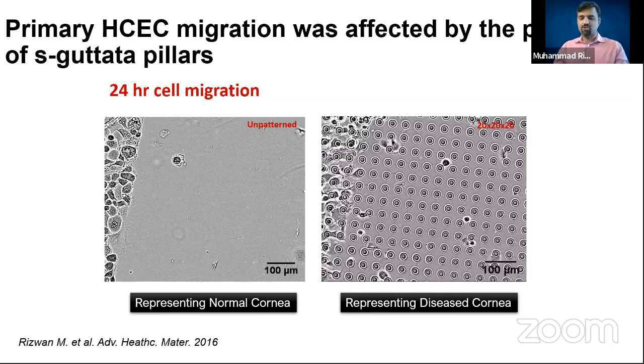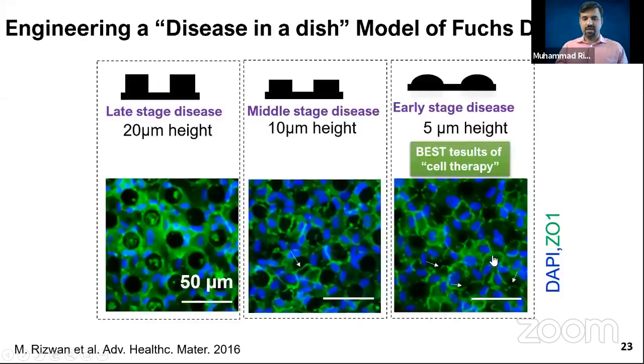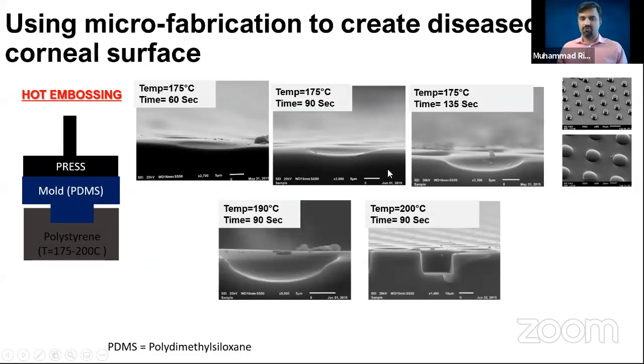But even in the diseased cornea, if you look at the scale, these are 20 micrometer wide pillars. This is 25 micron pillars, and this is also 20, but we also studied 40. So we are talking about really big pillars.